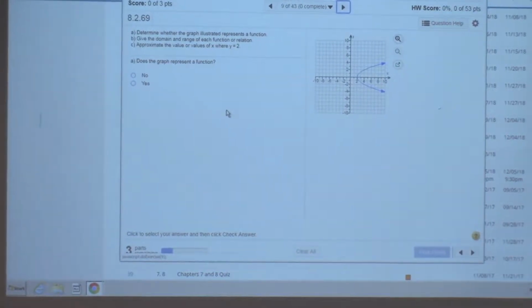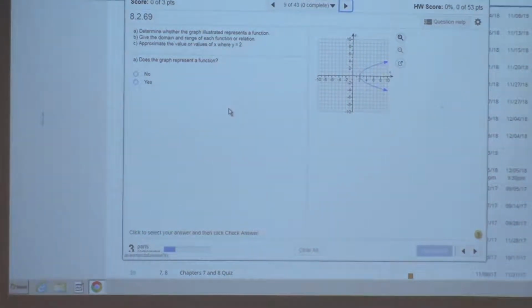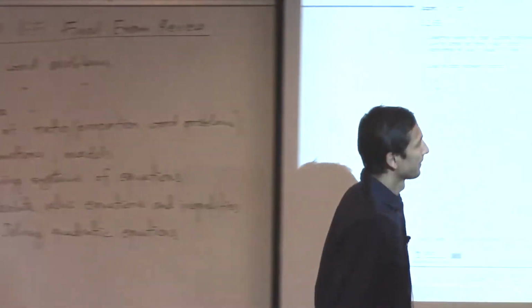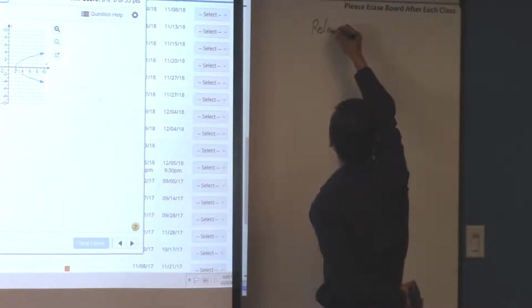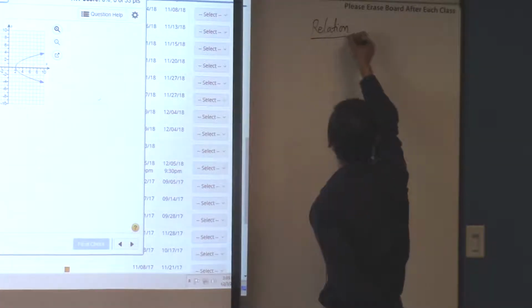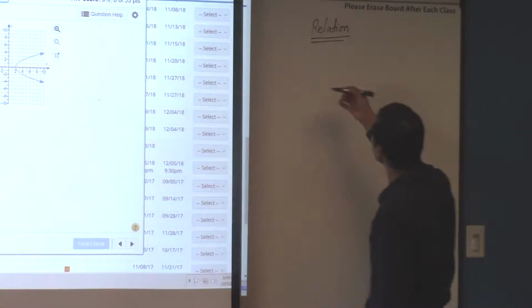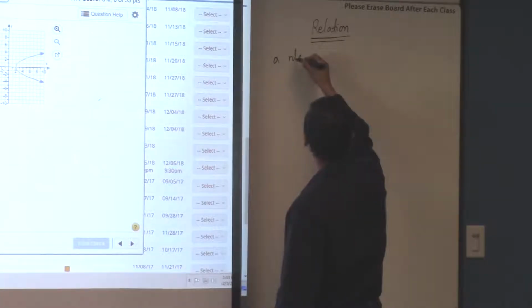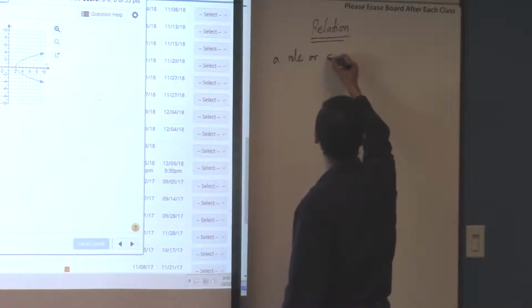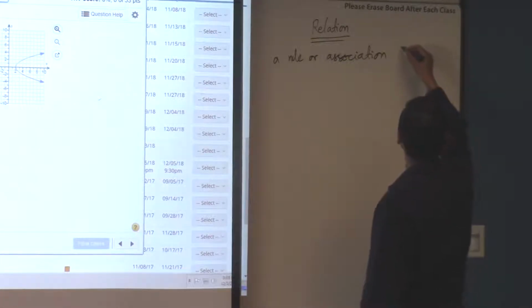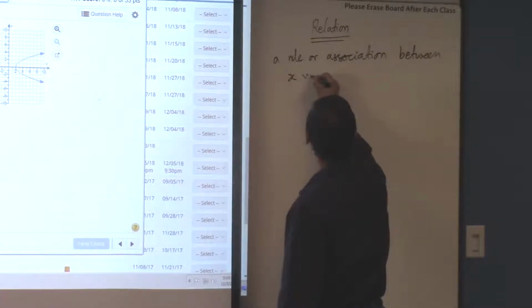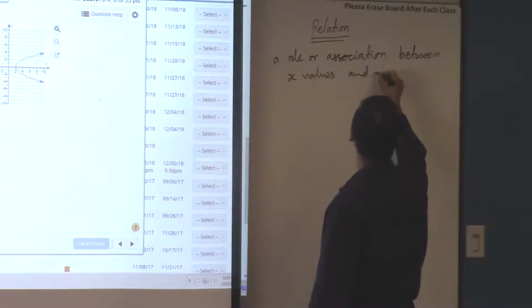This question here. So first you need to know what a function is, right? Let me review that first, okay? A relation is a rule or association between x values and y values.